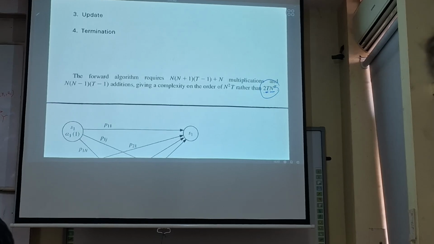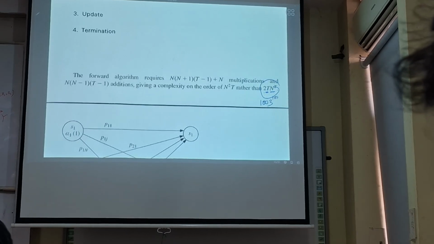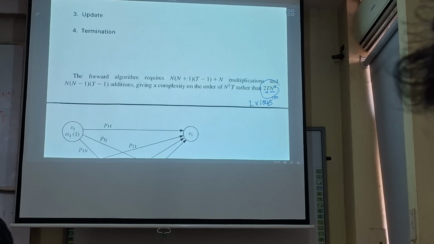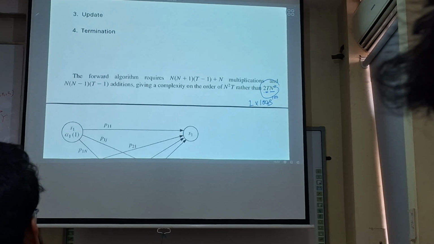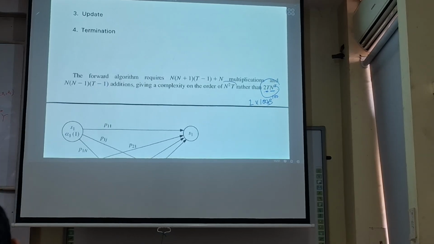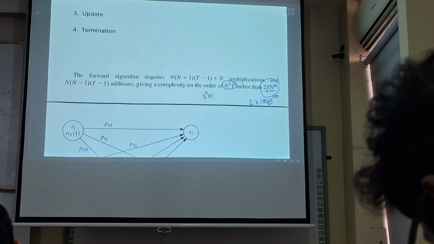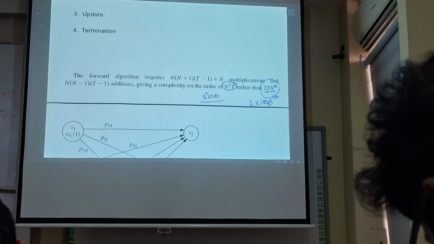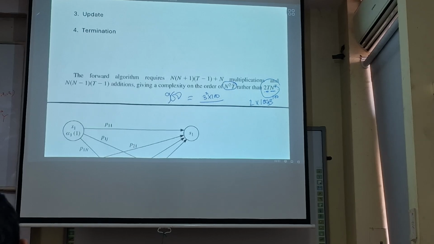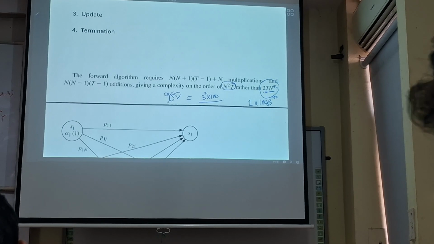Now consider there are 3 states and 100 steps. That is 3 to the power 100. On the other hand, the complexity if you use the forward algorithm will be how much? 900. So it reduces the complexity very drastically.